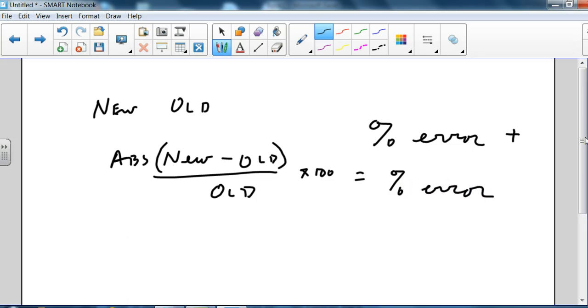And every time you give me a percent error that has a negative sign associated with it, I'm going to mark it wrong and send it back to you. So make sure you do that.